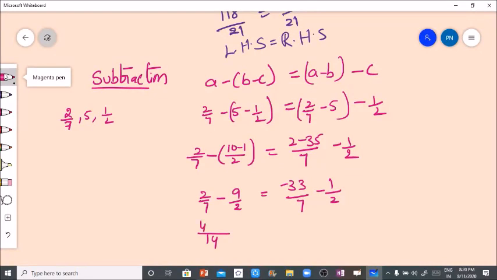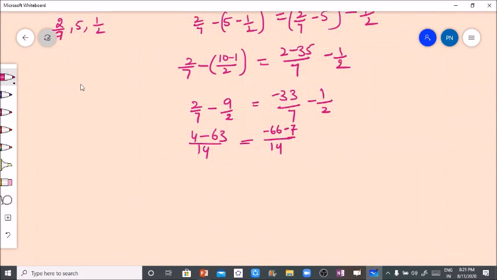So 2 2s are 4 minus 9 7s are 63 equals, here also LCM is 14. 33 into 2 is minus 66 minus 7 into 1 is 7. Okay. From this we can write minus 59 by 14 is equal to minus 73 by 14. Is it right?